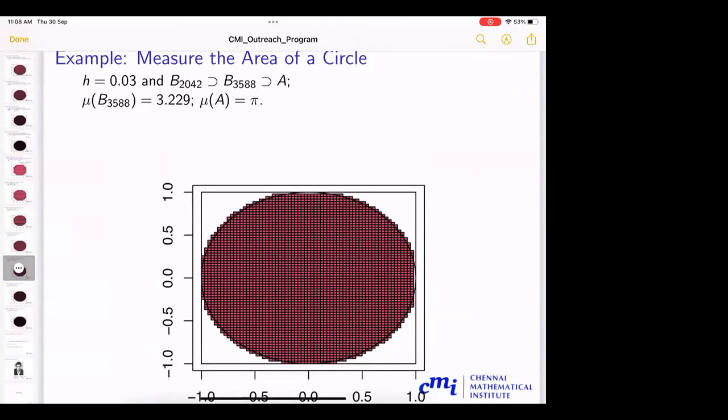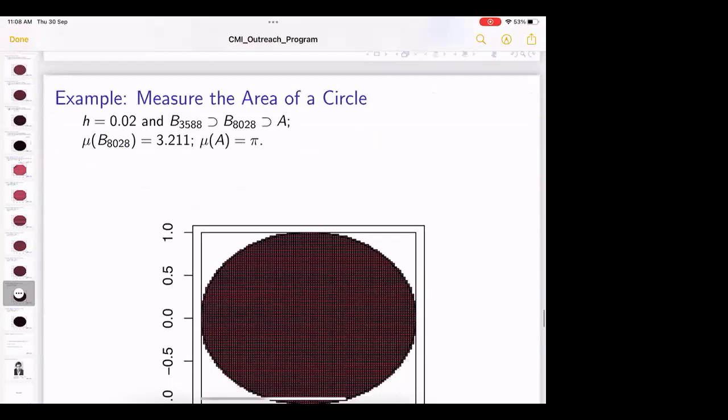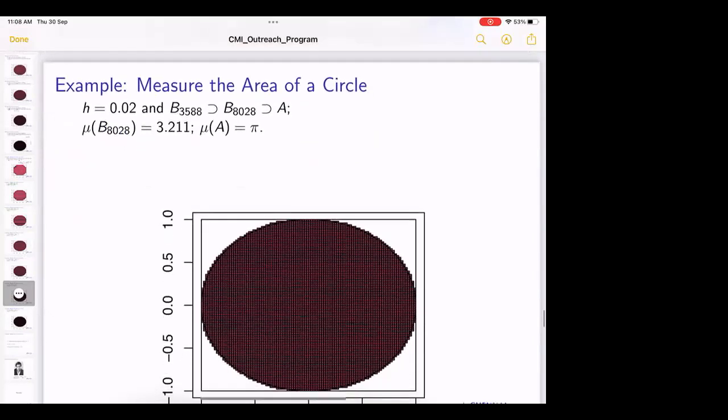So it is like going from the outside going in. It's shrinking. Previously it was expanding from the inside and it was making almost a circle. And now when we started from the outside, it is shrinking inside. And that turns out to be 3.211 when you are taking h equal to 0.02.